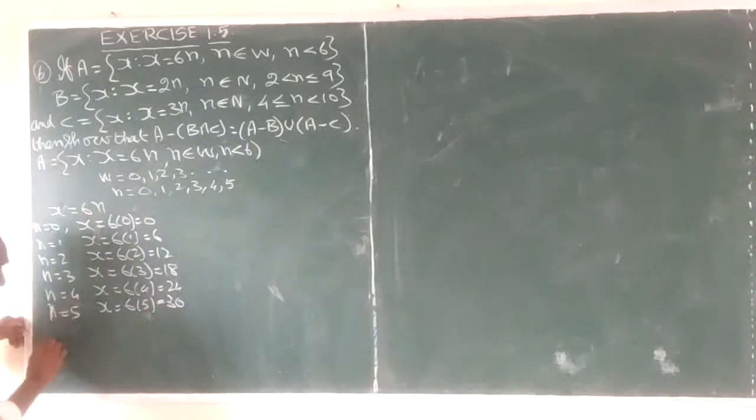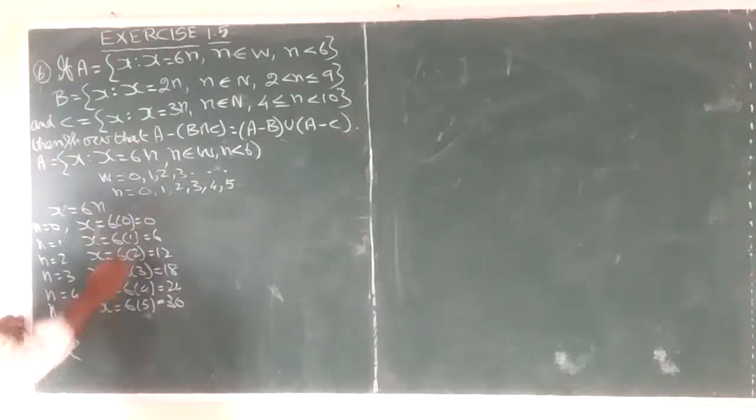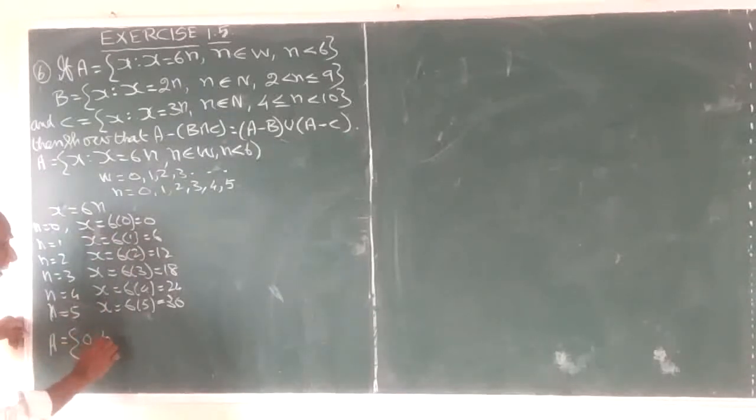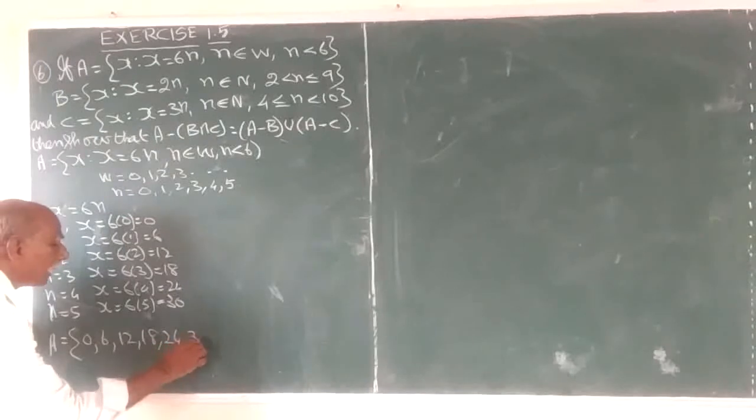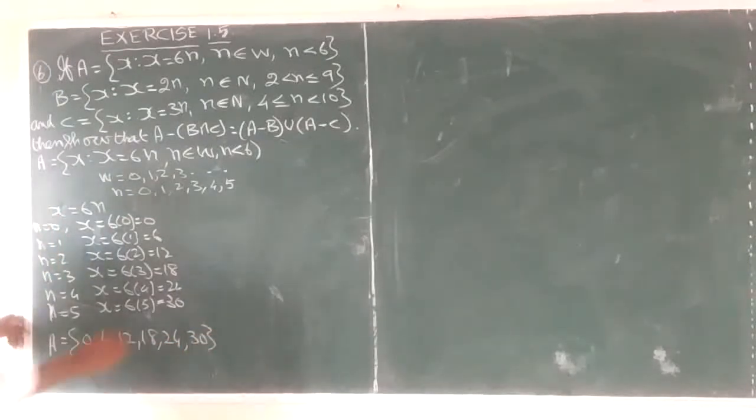So the set A is 0, 6, 12, 18, 24 and 30. This is the set A.